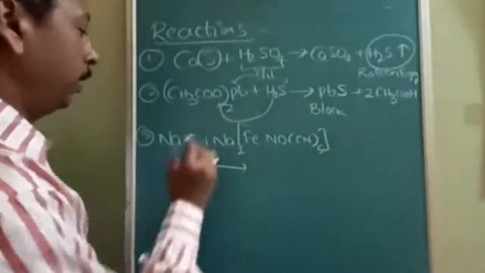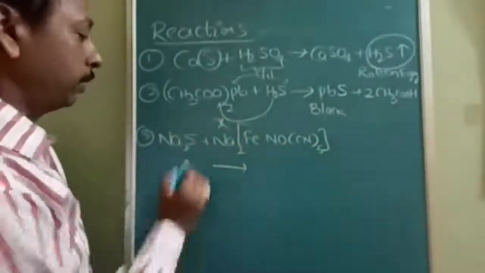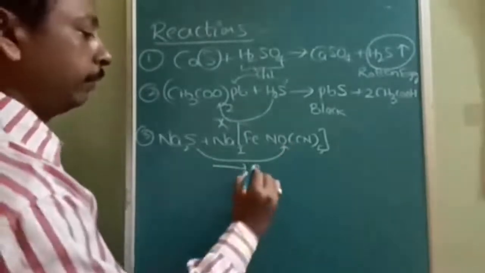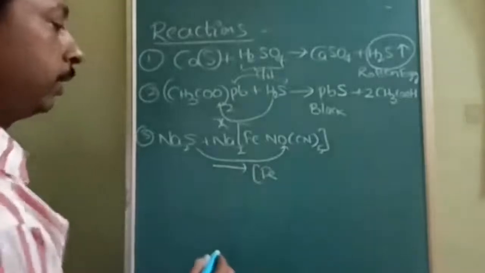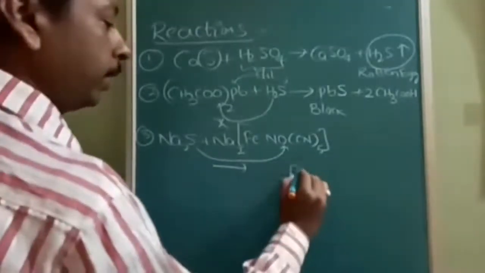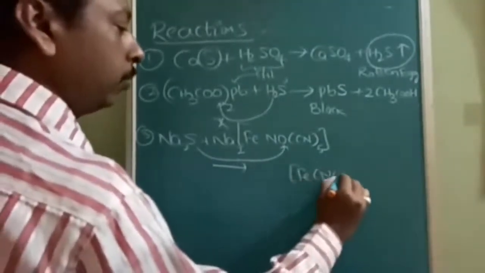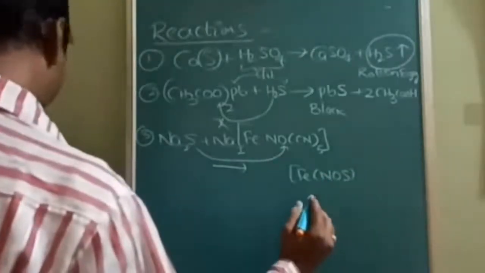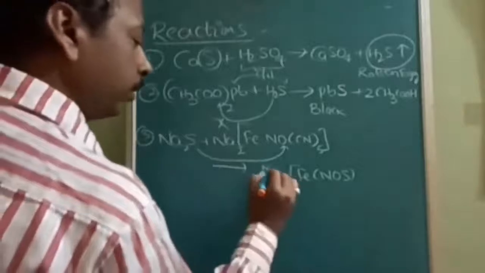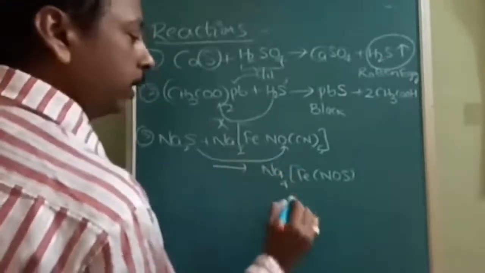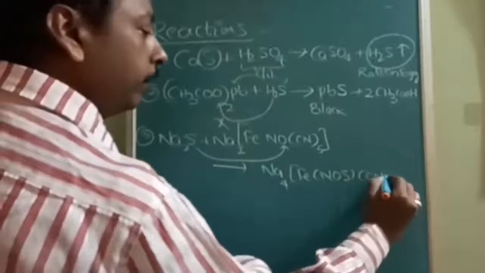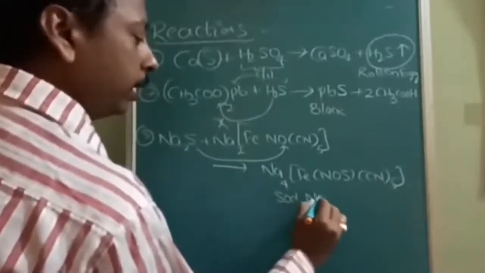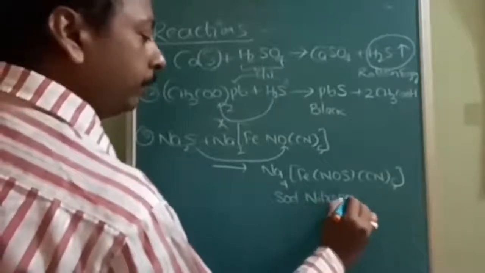Now this is very important, sodium nitroprusside. Simple, the sulfur, this Fe, it is going to be the same. In bracket I am writing Fe(NO)S, sodium nitroprusside. In total it is Na4, and CN5 will be as it is. So this is called sodium nitroprusside.